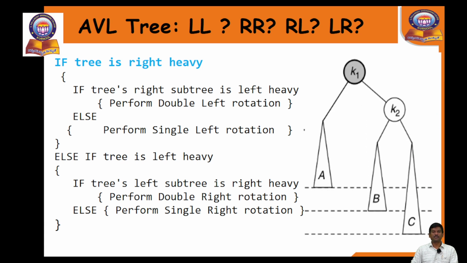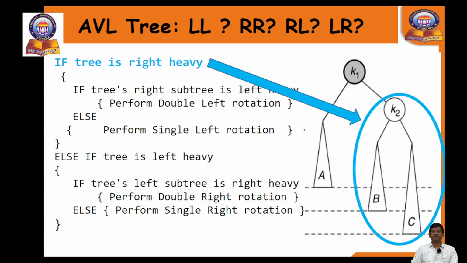Considering the example of right heavy, we can give this diagram. If you look at this tree, the root is K1, the right child is K2, and the right subtree is heavy. So right is heavy, and that is how we can say the tree is right heavy.